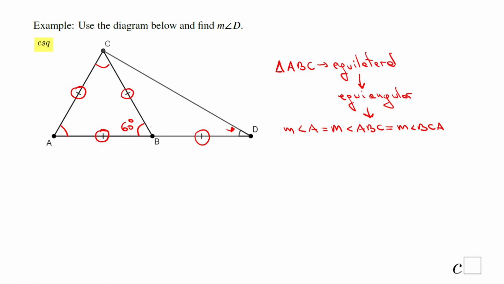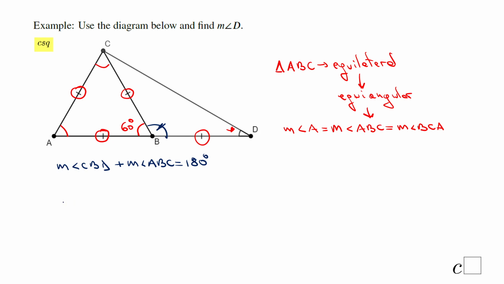It's going to allow me to find this angle, because this angle CBD plus the measure that is 60 degrees, which was the measure of angle ABC, they form a line, so they are supplementary, 180.